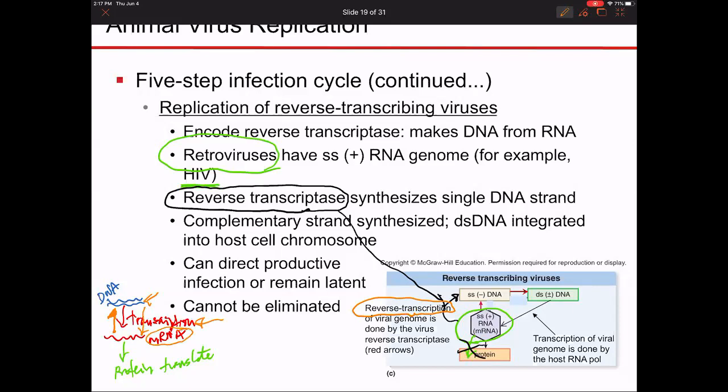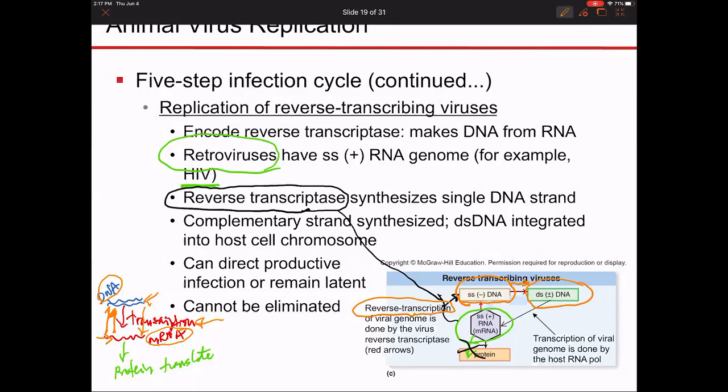Reverse transcription is using positive RNA as a template to synthesize the single-stranded negative DNA strand. And this same enzyme, the reverse transcriptase, will then take that negative DNA strand and synthesize the complementary positive DNA strand to produce a double-stranded DNA.